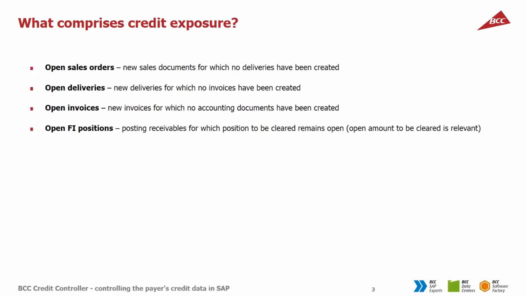Information on receivables from the partner has not yet been registered in the accounts. A third element is the open invoices, that is, those that have already been created, but the accounting document has not been created in the finance module.